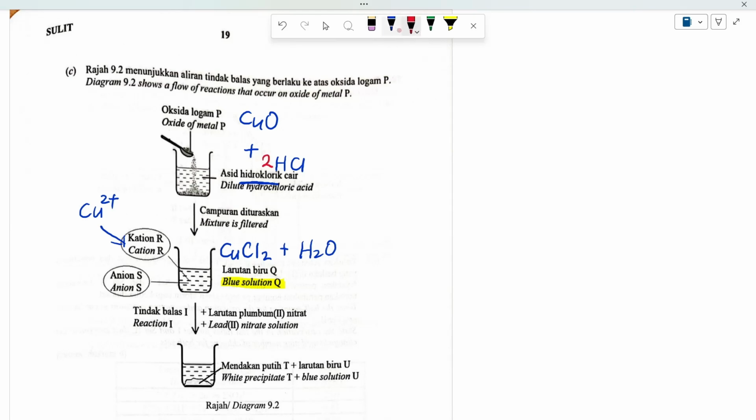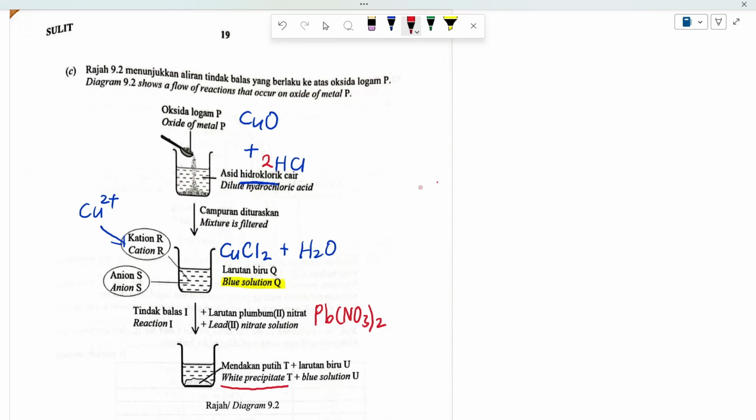Then copper 2 chloride undergoes reaction 1, reacting with lead 2 nitrate, Pb, lead 2 nitrate. It will form what? A white precipitate. So what is this white precipitate? Joanne, what are the products? The white precipitate here, which one is an insoluble salt?